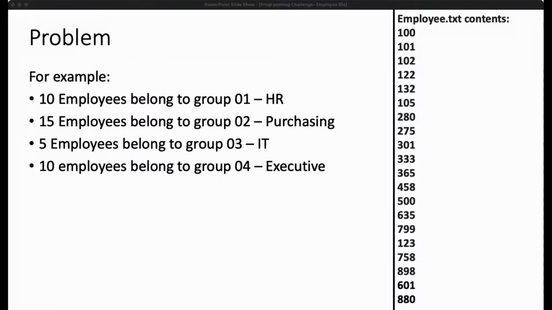Again, referencing back to this, we have the number of employees belong to group, and then that group number, we're using the counter +1 so we can show 0 + 1, which would be number 1, and then we're displaying the department name at the end.